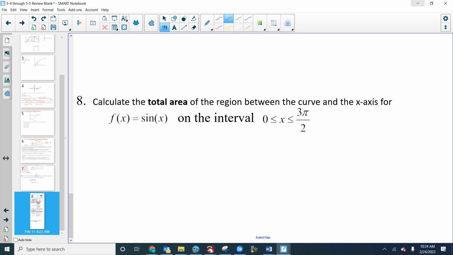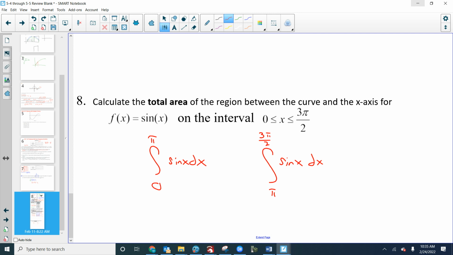So what would I want to see on the quiz tomorrow? Integral from 0 to, where's its first 0? Good. Pi. Sine of x dx. And then the integral from pi to 3 pi over 2. Sine of x dx. Won't have a calculator. So you'll have to either anticipate.